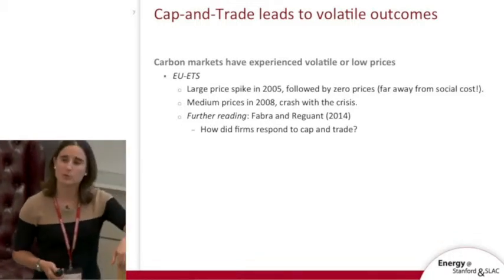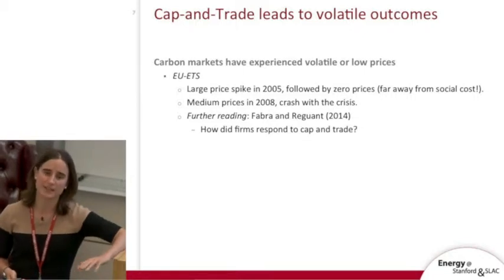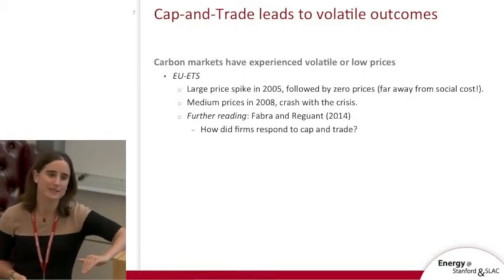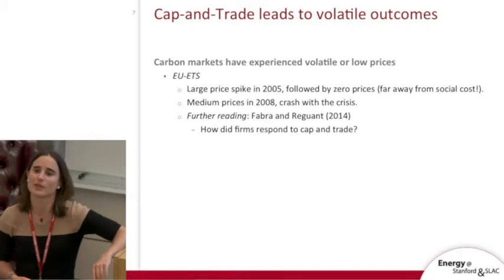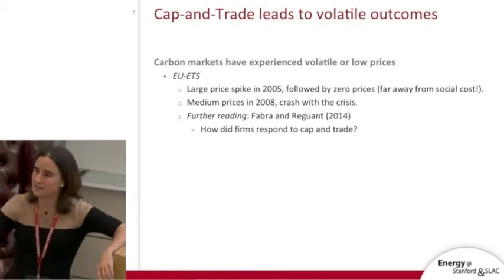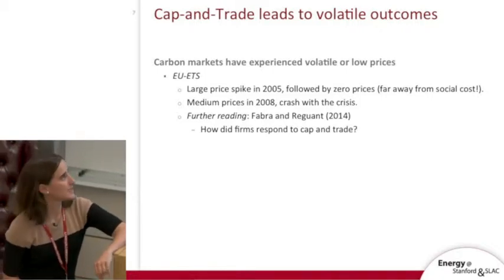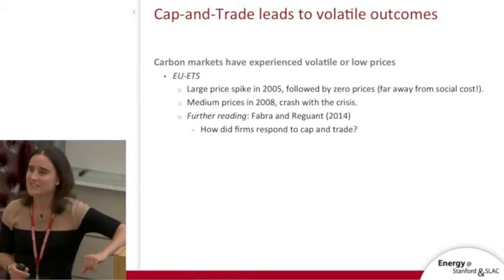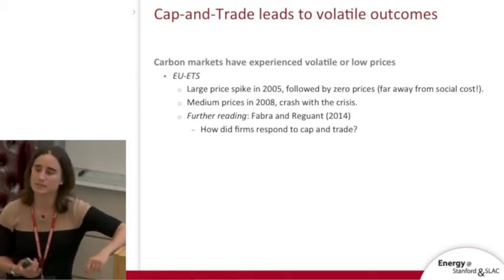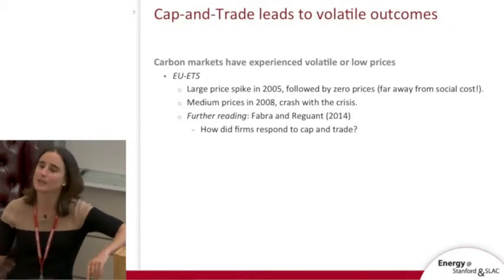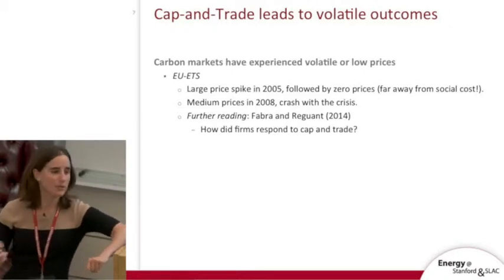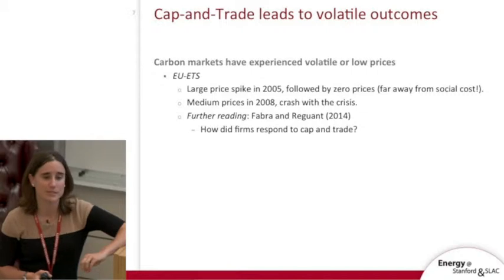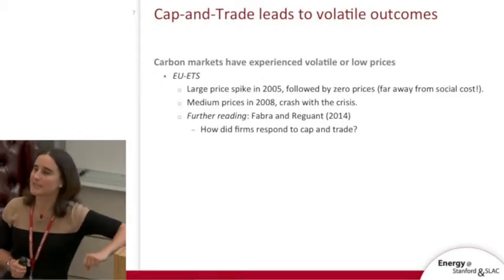In the CO2 market in Europe, they started with relatively high prices. They spiked up in 2005, and then they suddenly dropped in 2006. There were some design issues, so the regulators tried to fix that problem and tried to bring prices up. They renegotiated the program for 2008, but then the crisis hit.